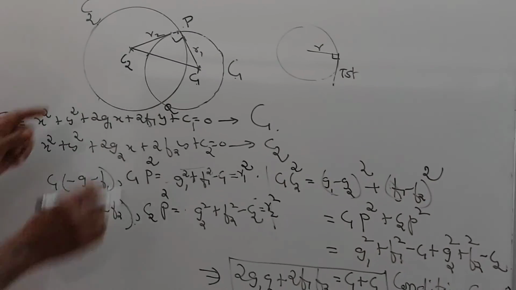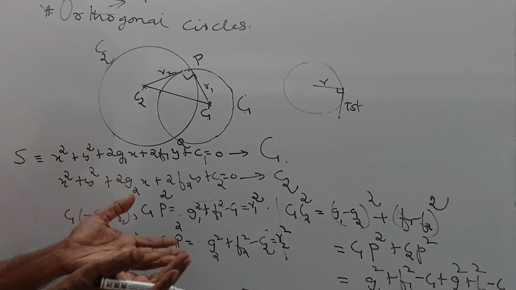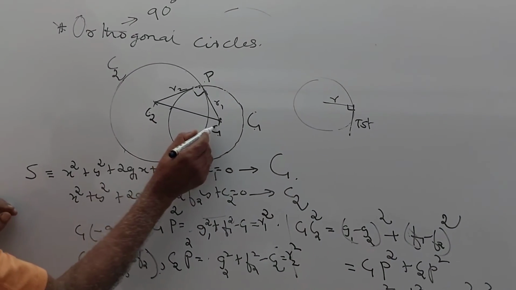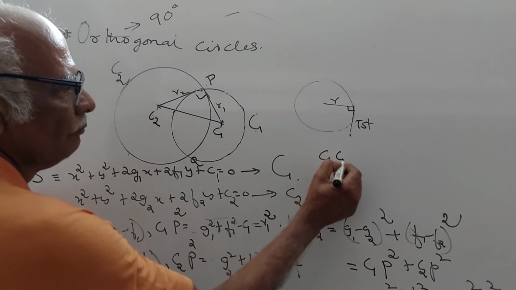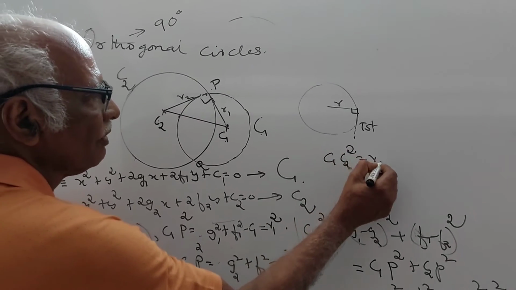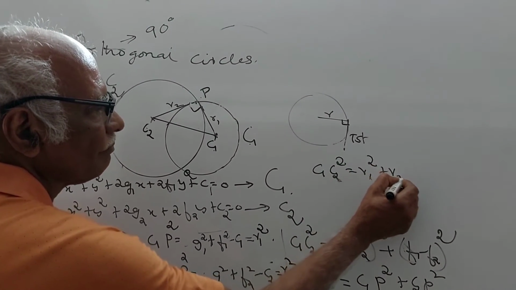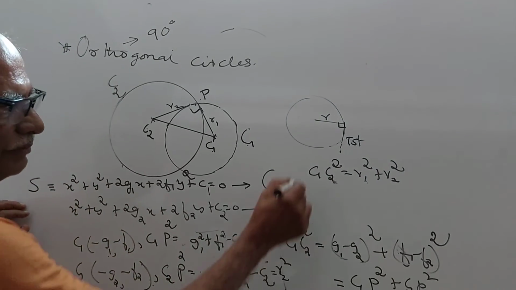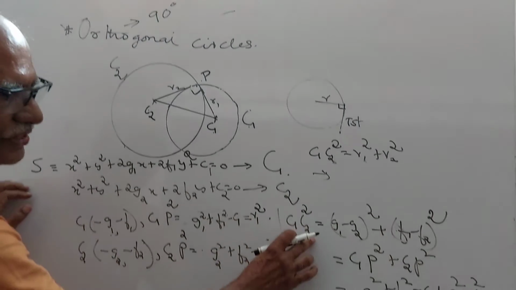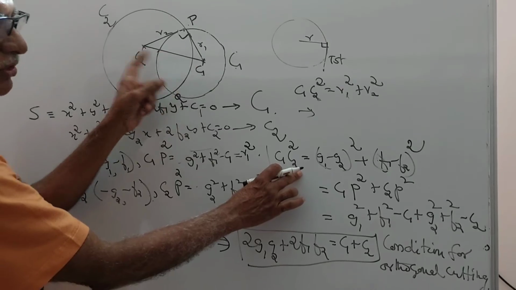Now we go for the Pythagoras theorem. C1C2 the whole square equals r1 square plus r2 square. Now C1C2 the whole square is the distance between two points.